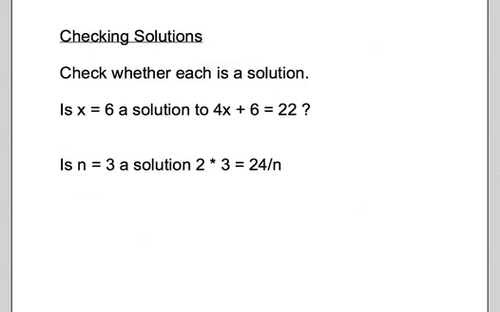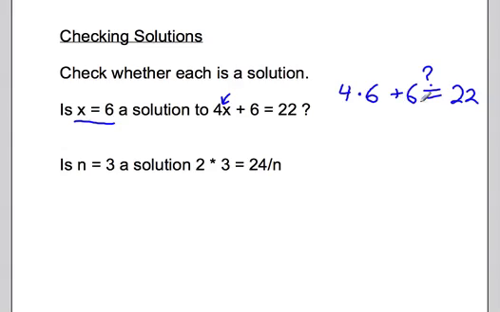Okay, a couple of other examples now. We're just checking to see whether each is a solution. So is x equals 6 a solution to this equation? How do we check that? We can substitute in the value x equals 6, right? So does 4 times 6 plus 6 equal 22? This means times, by the way. If it's just written 4x, it means 4 times x. Since we don't know, we're just checking, I'm going to write a question mark here.